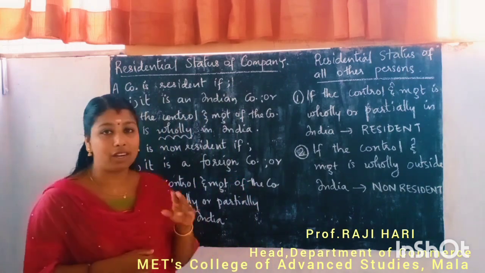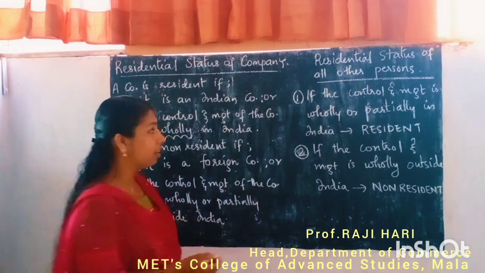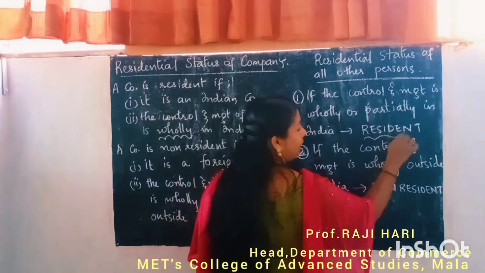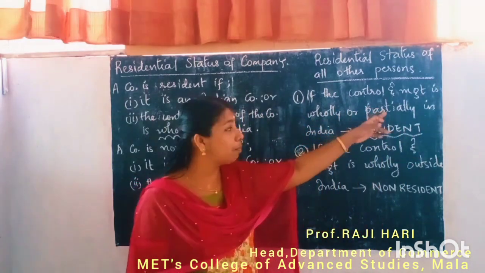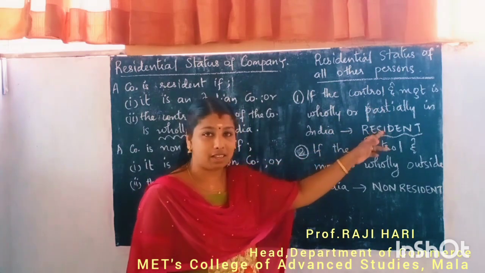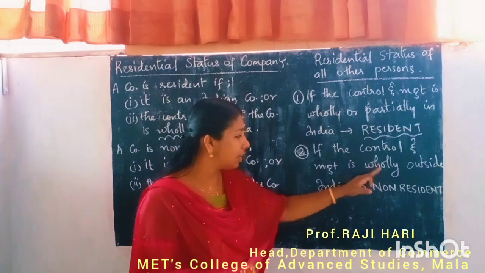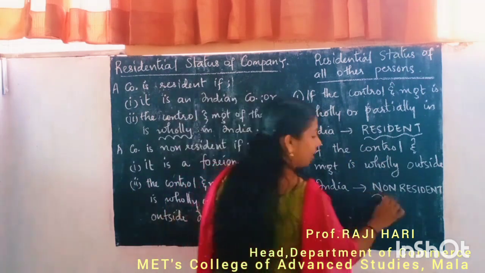They can have only two residential statuses, either resident or non-resident. If the control and management of the person is wholly or partially in India, that person is resident. If the control and management is wholly outside India, that person is non-resident.